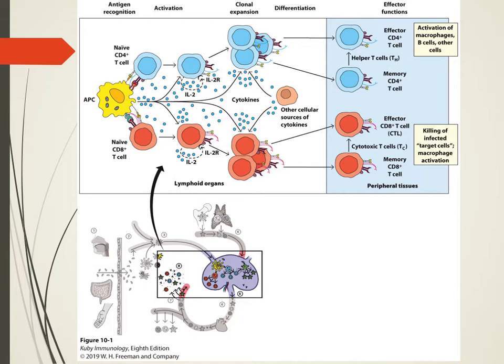The memory allows us to kind of jumpstart it. I would say that memory is looked at more in B cells, but there is a growing area of research looking at memory in the T cell population. Okay.